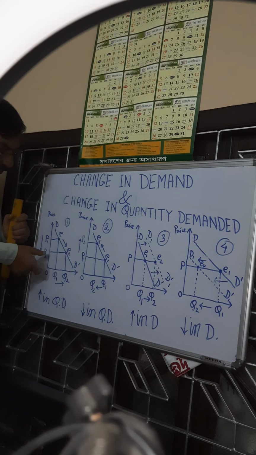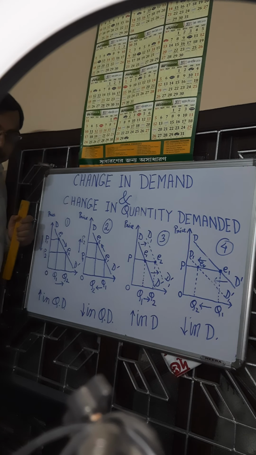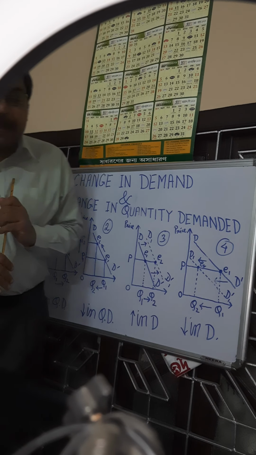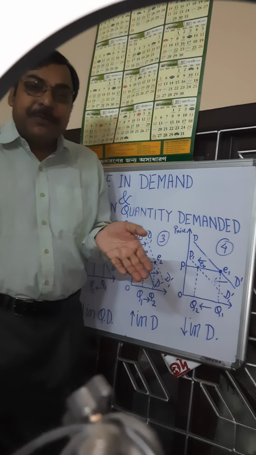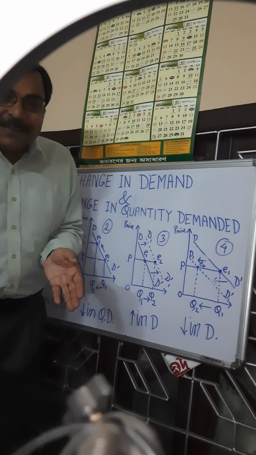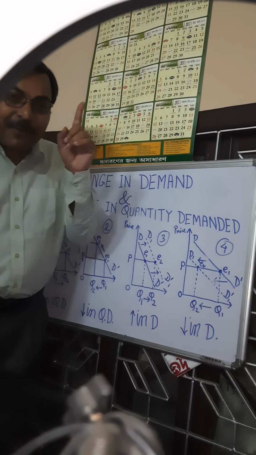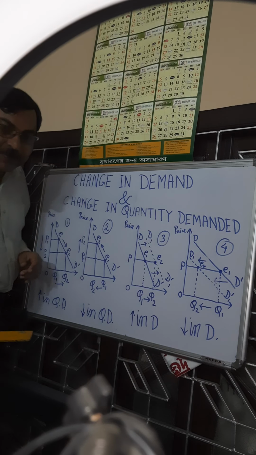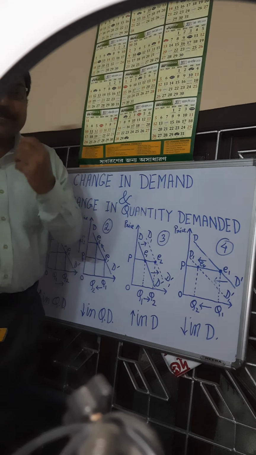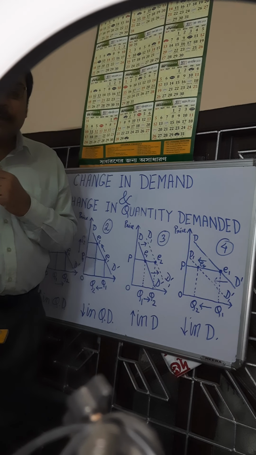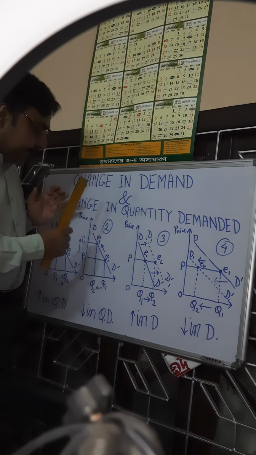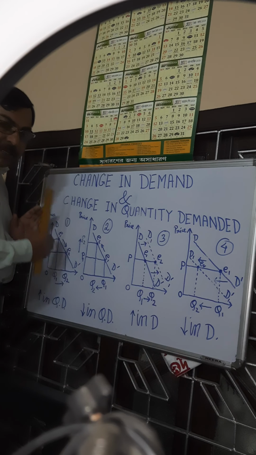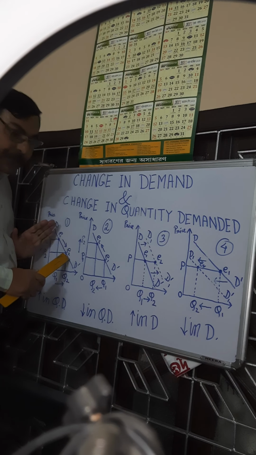This rise in demand from OQ1 to OQ2 is due to a fall in price from OP1 to OP2. This is extension of demand or increase in quantity demanded, represented by a movement along the demand curve in the downward direction from E1 to E2.